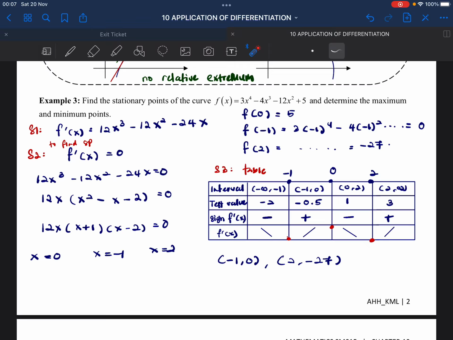As you can see here, it goes down then up, or the shape is like this. That means (-1, 0) is a minimum point, and also (2, -27) is also a minimum point. So (-1, 0) and (2, -27) are minimum points.